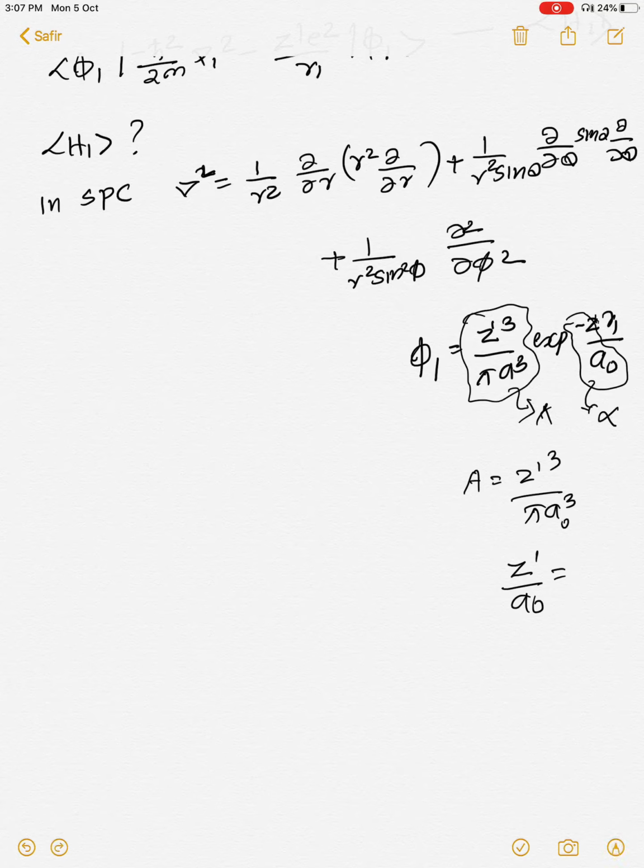In that way I am going to represent this phi. So phi 1 is nothing but A e power minus alpha r1.